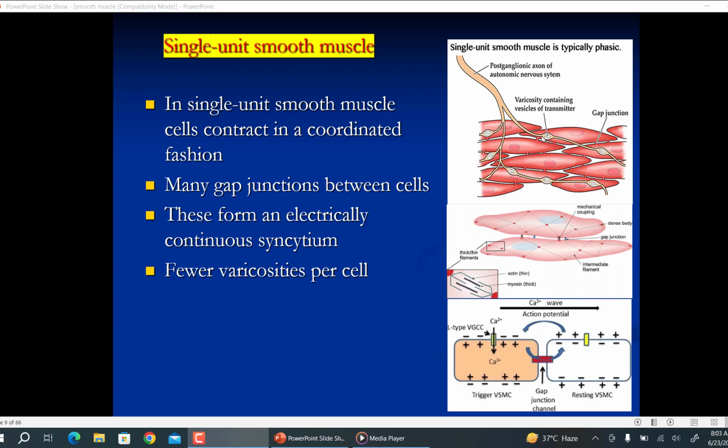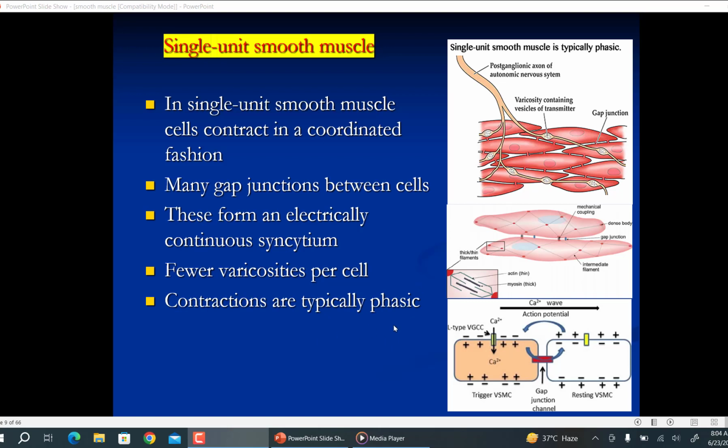When they pass the smooth muscle cell, at the area where they innervate the smooth muscle cell or fiber, they swell up, and this swelling is called varicosities. In these varicosities we have neurotransmitter, and when they are stimulated, they release their neurotransmitter on the surface of the smooth muscle cells.